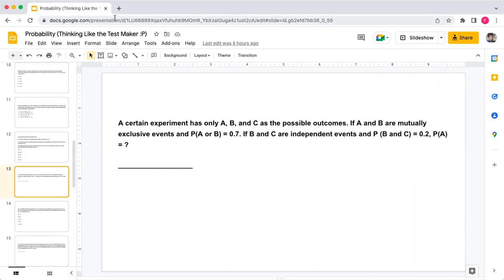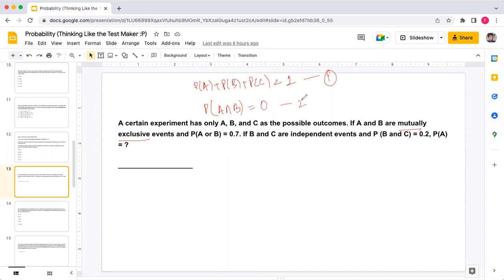Let's try this question and try to be quick. What's actually happening in this question? A certain experiment has only three outcomes, A, B, and C. So the probability of A, probability of B, and probability of C must equal 1. Next, A and B are mutually exclusive. If two events are mutually exclusive, the probability of the first and second event occurring at the same time is equal to 0.